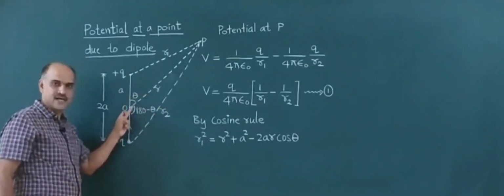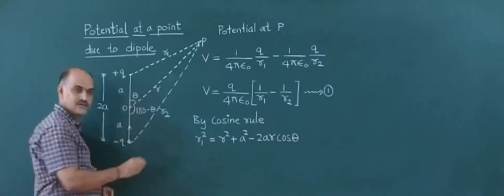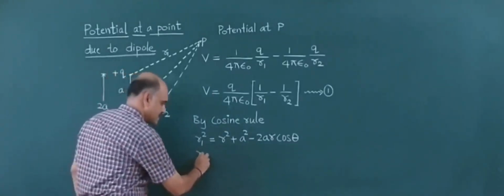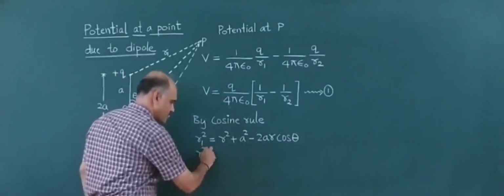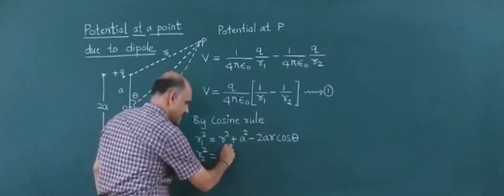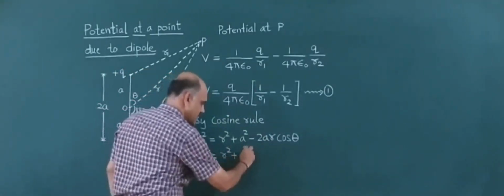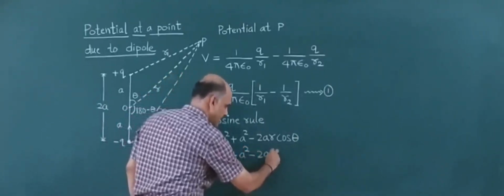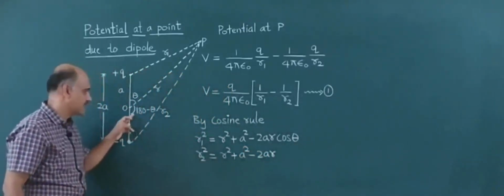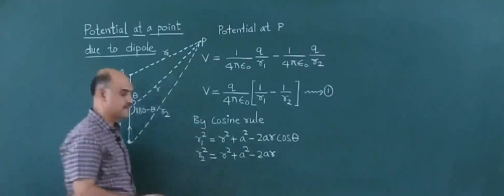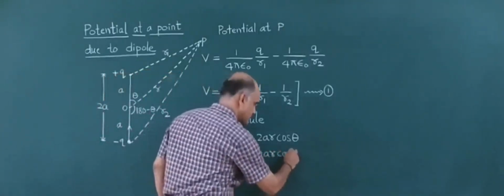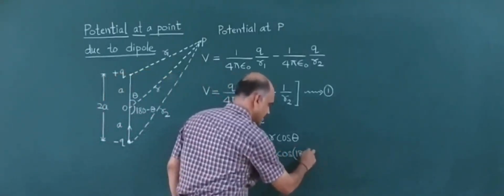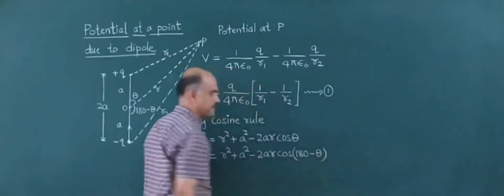The other two sides are again a and r. So by the cosine rule, R2 square is equal to R square plus A square minus 2AR into cos of 180 minus theta.